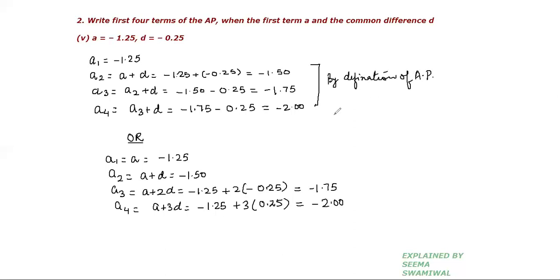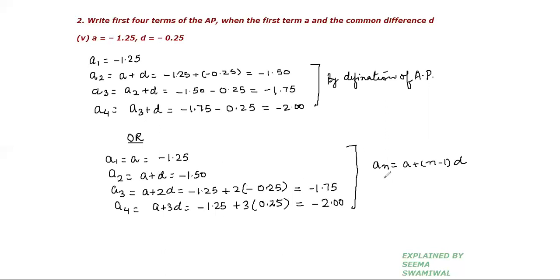You may do this question in another way by using the nth term formula for nth term of AP. You know a_n is equal to a plus (n minus 1)d. That means if you want to find out the second term, you have to add 1 less than that. This is the formula.